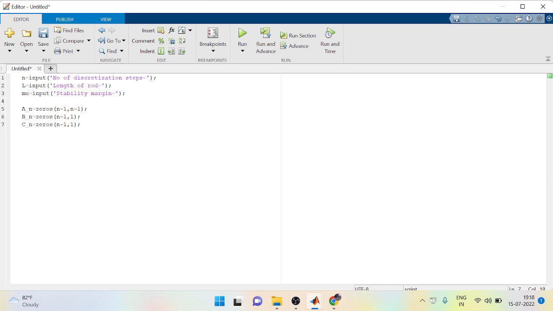Then 1D heat equation, polar, finite difference, and 1D heat equation, polar, finite element. These are the things that we'll do.